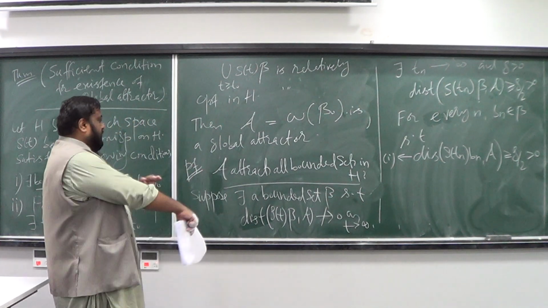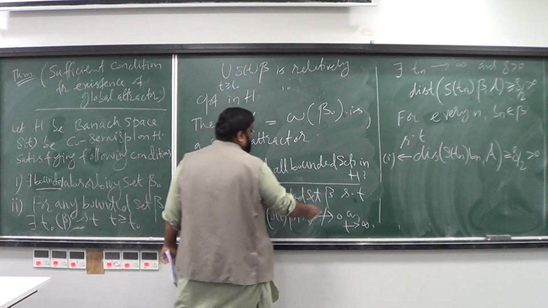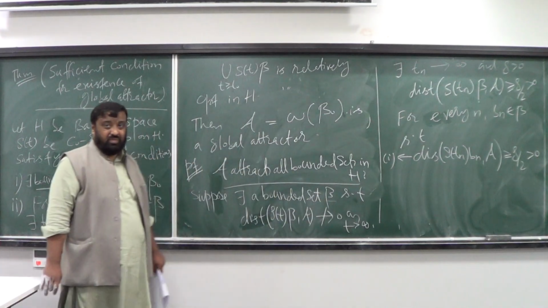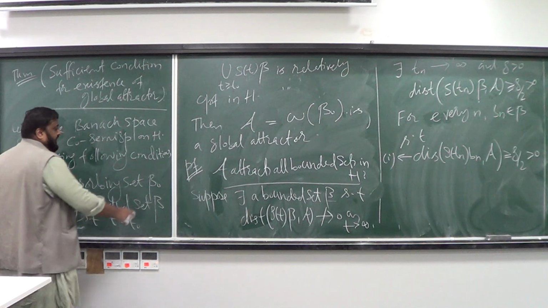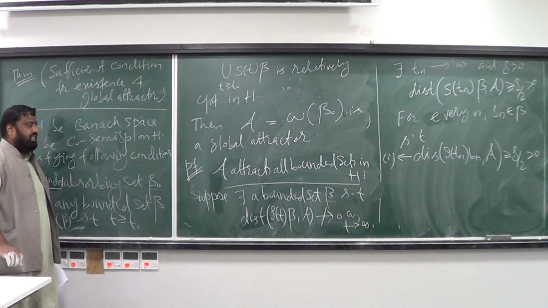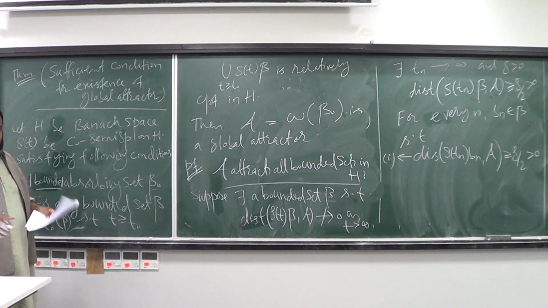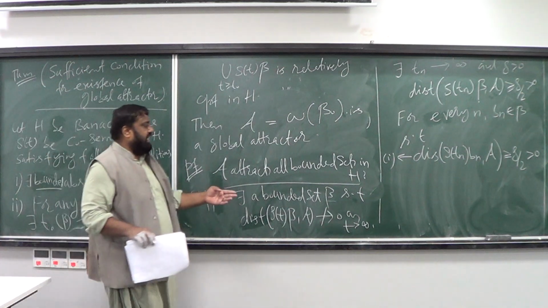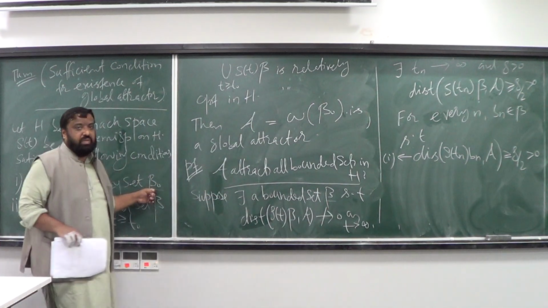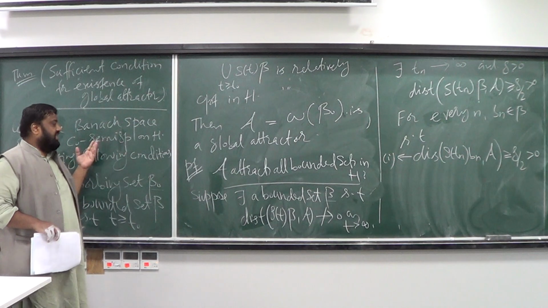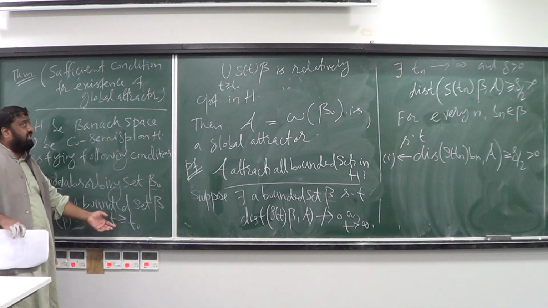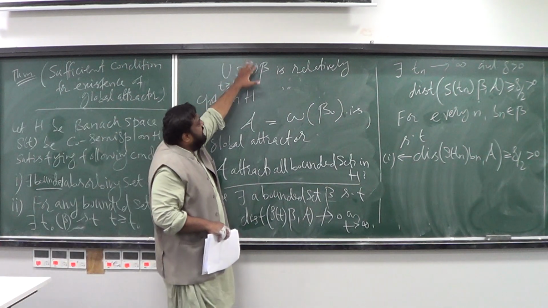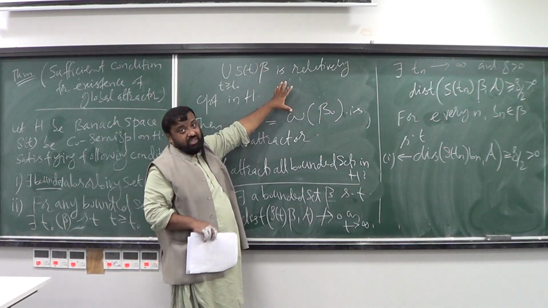Now, since B is a bounded set, and I know that this B naught is an absorbing set actually. So there are two things. If it is a bounded set, then it must be absorbed by B naught, and since it is a bounded set, by condition 2, there is an instant such that this is relatively compact actually.